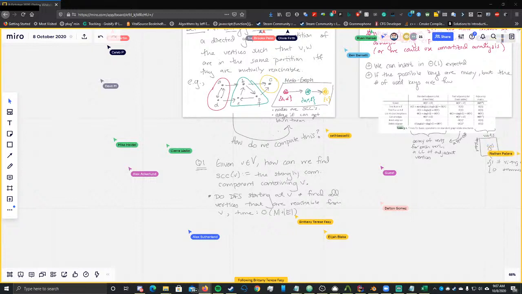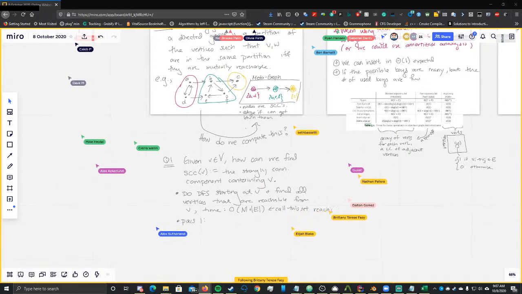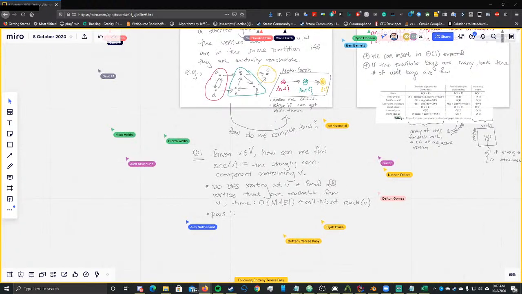So now I know everything reachable. I need to know if I can get back. So we'll say pass 1. And we'll call this set reach of V. For each W in reach of V, do a depth first search and check to find V, right?